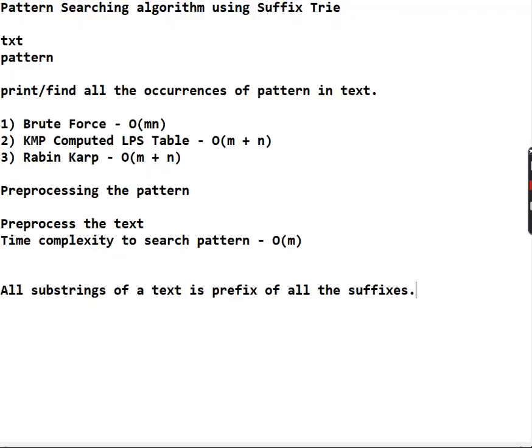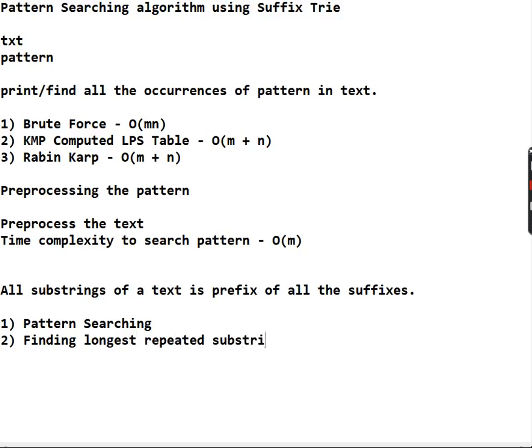Okay, so now what are the applications of the suffix trie? There are many applications of the suffix trie. Number one is pattern searching. Number two is finding the longest repeated substring. Number three is finding the longest common substring.